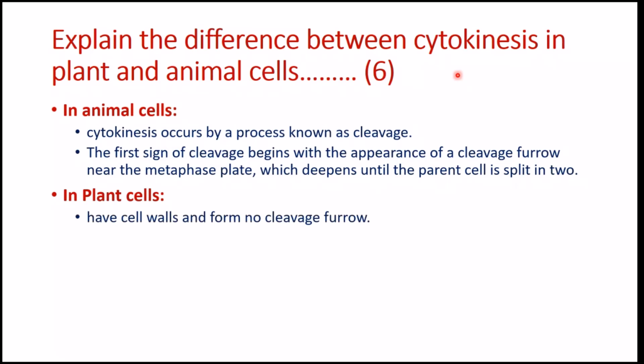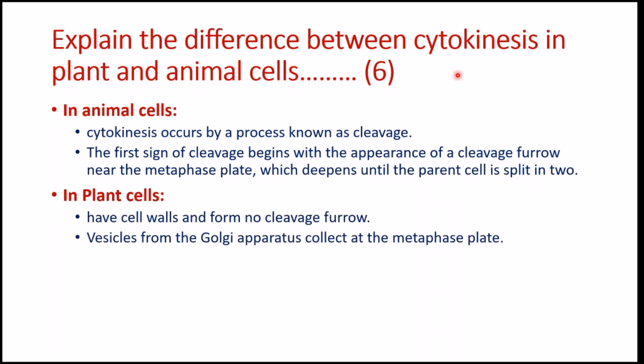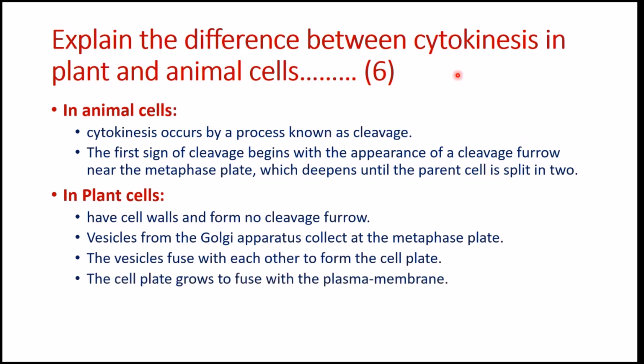And plant cells have cell walls, which form no cleavage furrow, and vesicles from the Golgi apparatus collect at the metaphase plate and fuse with each other to form the cell plate. The cell plate fuses with the plasma membrane.